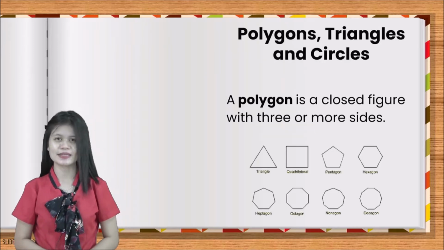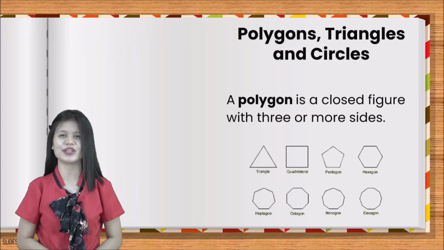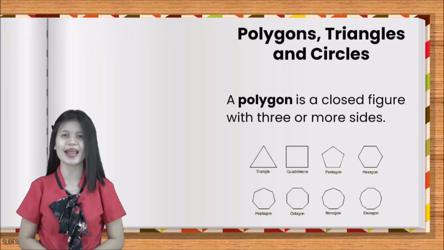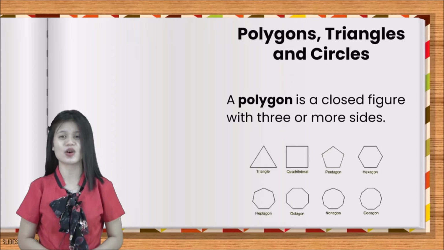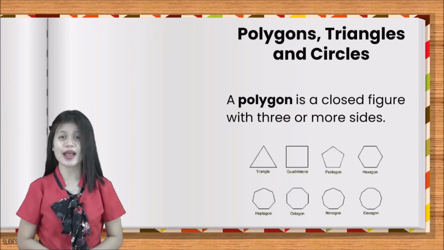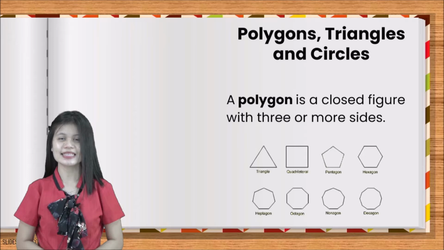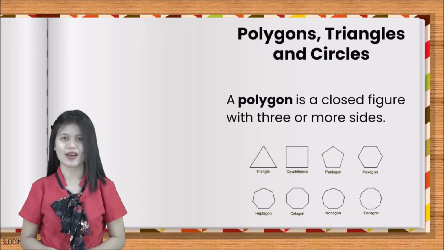Polygons, triangles, and circles. A polygon is a closed figure with 3 or more sides. Examples of a polygon: triangle, square, also known as quadrilateral. We have the pentagon, hexagon, heptagon, octagon, nonagon, and decagon.